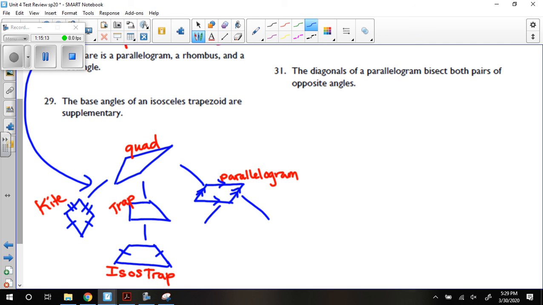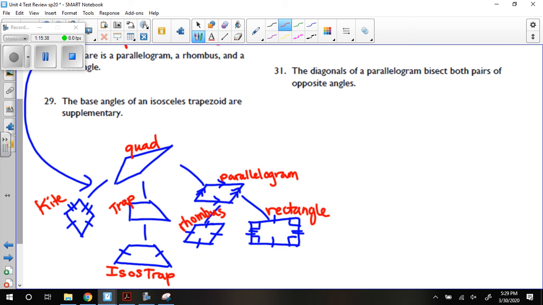That parallelogram led to a rhombus, which has all four sides congruent, and a rectangle, which has the four right angles here and opposite sides congruent. So this is rhombus and rectangle. And then those led to a square.